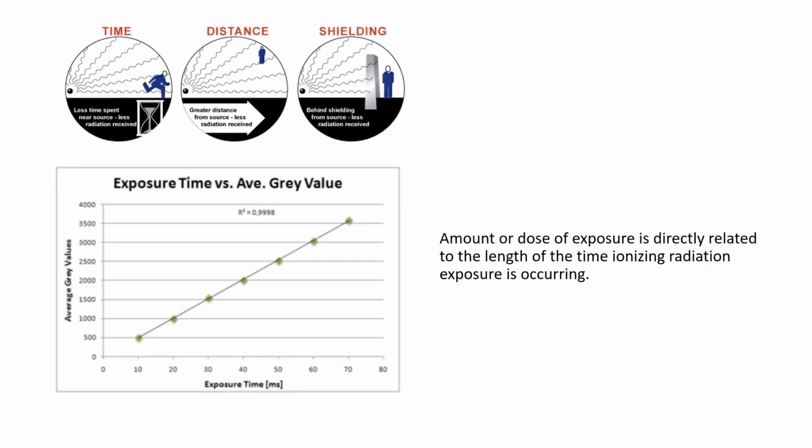Three primary methods of reducing the amount of exposure. The amount of exposure received can be reduced through time, distance, and shielding. Time relates to the amount or dose of exposure, which is directly related to the length of time the ionizing radiation occurs.